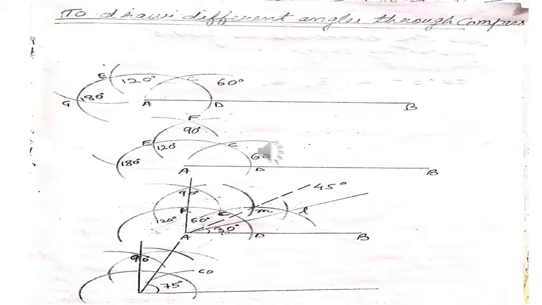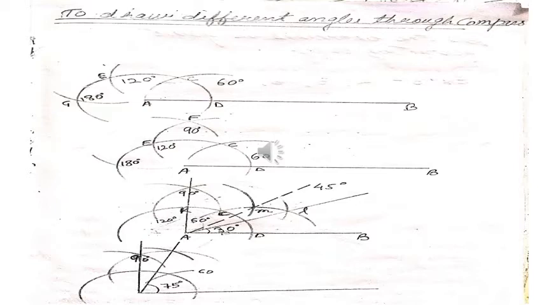As you can see on your screen, AB is the first line which is drawn, and you just have to put the pointer on point A, with the pencil at an equal distance from the pointer, and frame an arc, a semicircle. Here AD is a radius, so your radius should be equal when you put the pointer on D and mark point C, which will make 60 degrees.